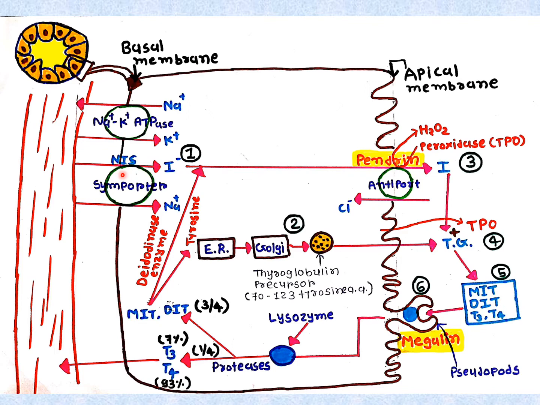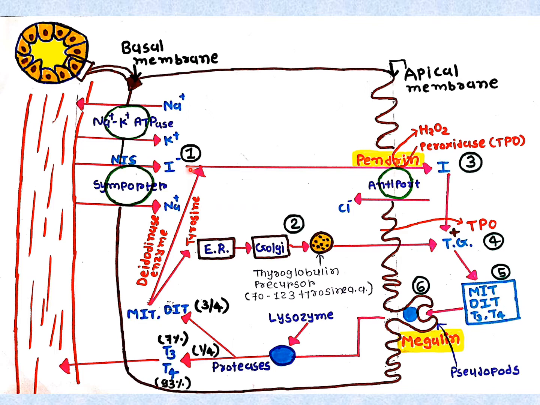Now the iodide pump concentrates the iodide about 30 times against the concentration in the blood. But when the thyroid gland is maximally stimulated by TSH, thyroid stimulating hormone, it can raise this as much as 250 times against the concentration gradient.